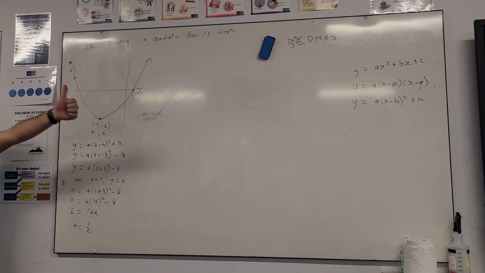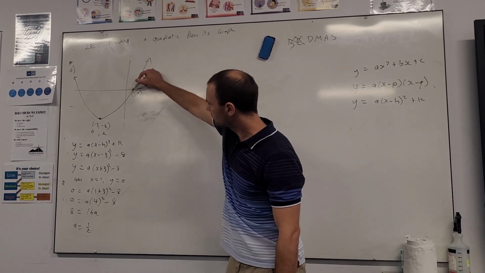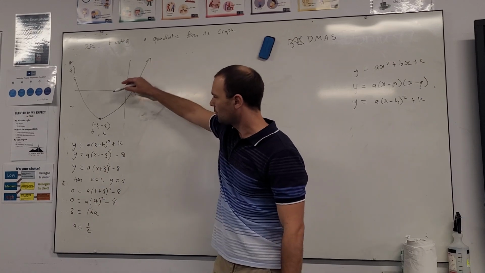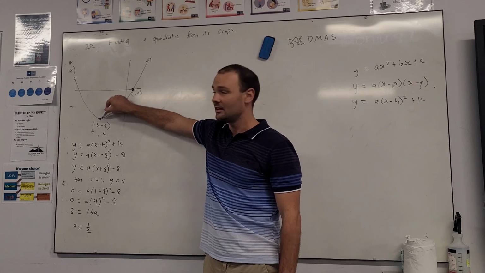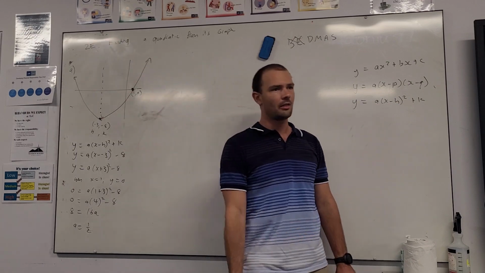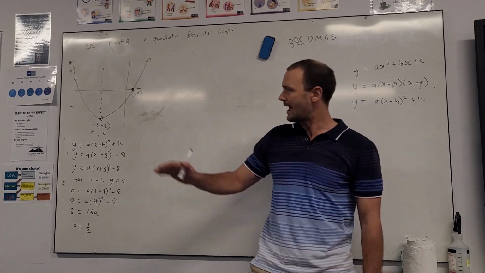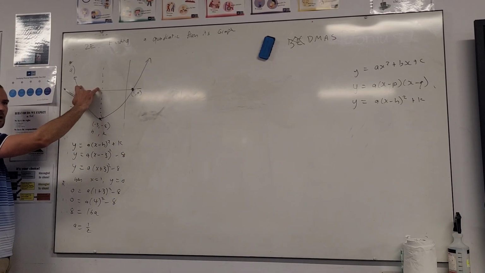All right. Let's talk about the other process. Let's make a connection here. So we know this root is 1, and we know this is the vertex minus 3. And we know that's the middle. All right. That's the axis of symmetry. That this root and this root are equally spaced apart.